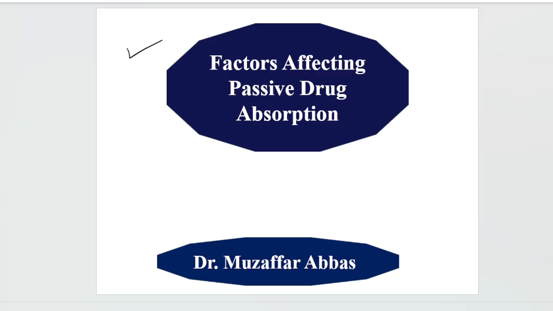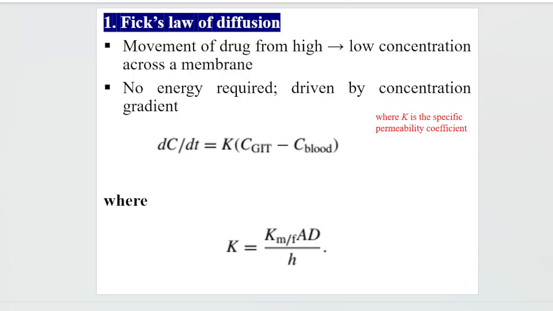और passive drug absorption में जो important factor है, that is the unionized form of drug that is basically absorbed. So the important law associated with the transfer of drug involving passive transport is Fick's law of diffusion, and according to this law the movement of drug occurs from the higher concentration to the lower concentration across the membrane.